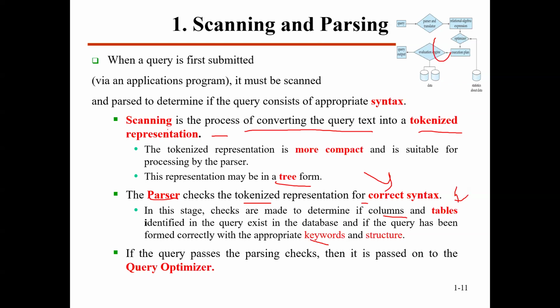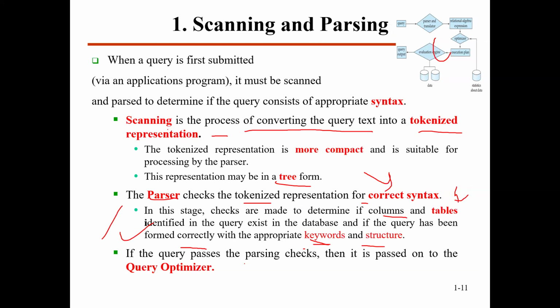For example, after joining, we have a new table, right? The original table and the table that has been created after a join operation or a Cartesian product. So this is done at the parser end.